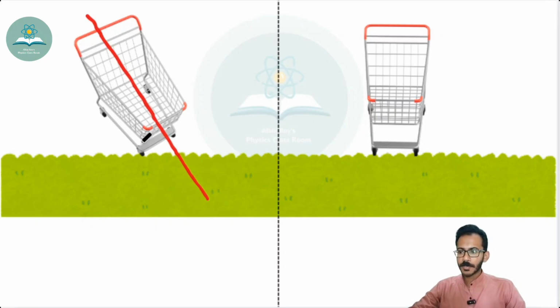But here, the trolley has two tires in front. First tire is here and the second tire is here. So when the first tire comes in a slanting position like this, only one tire will touch the grass. The other tire will be on the concrete area.